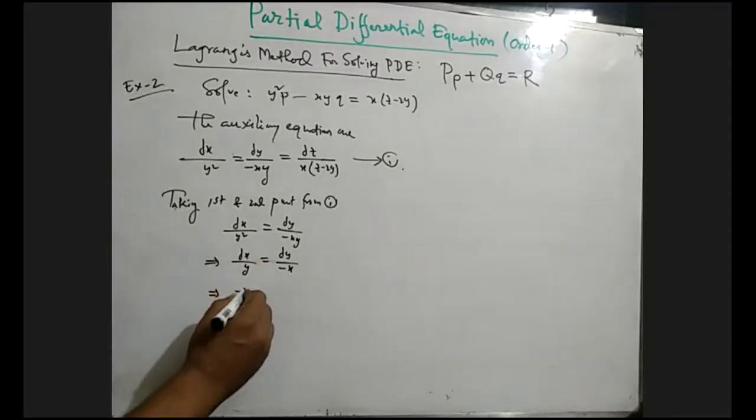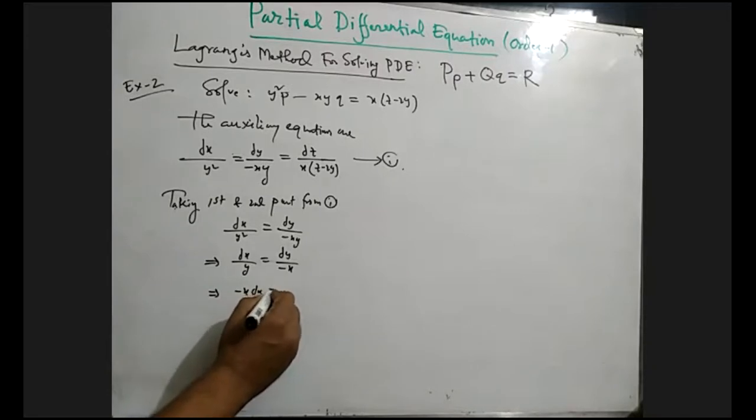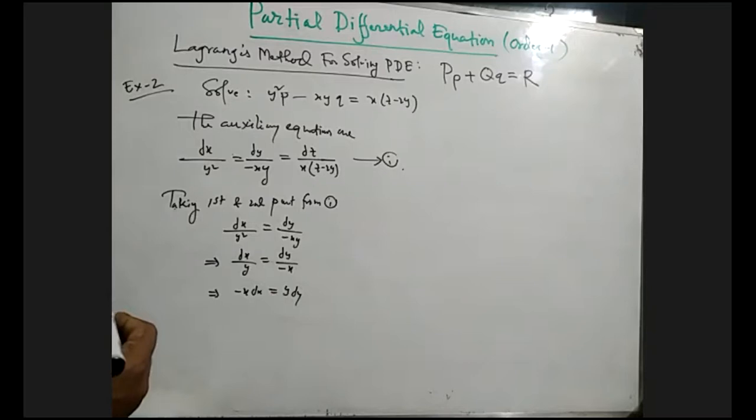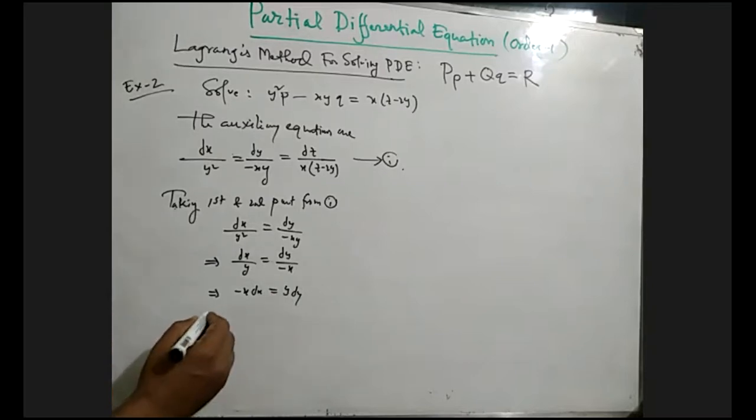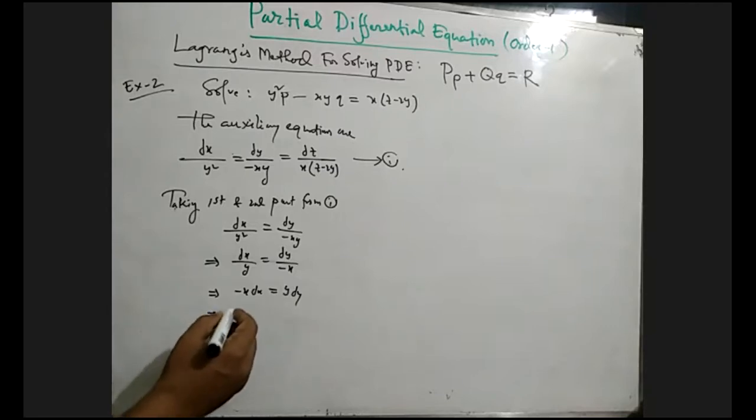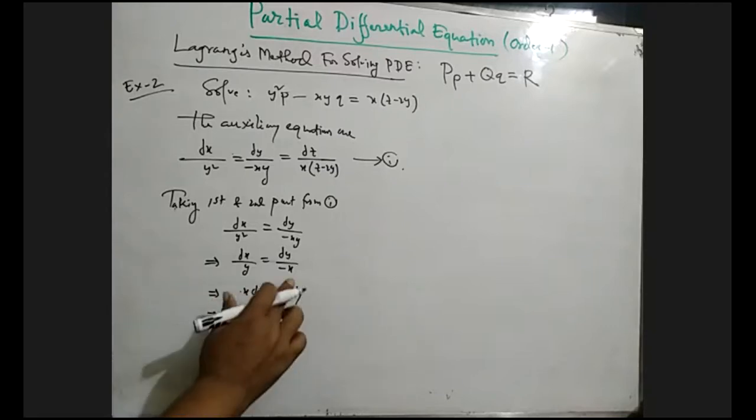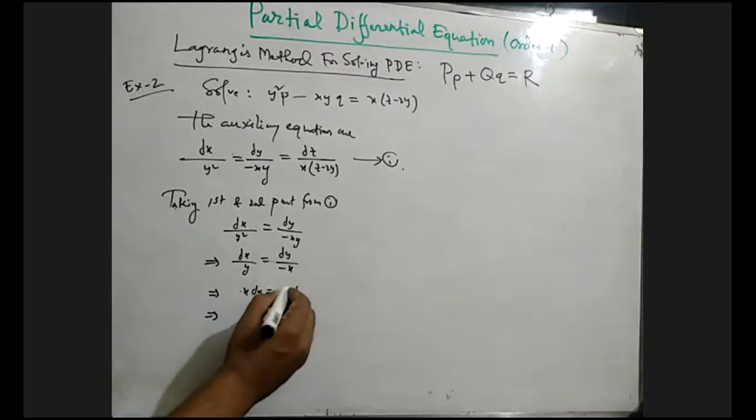By cross multiplication, we can write x dx equals to minus y dy.